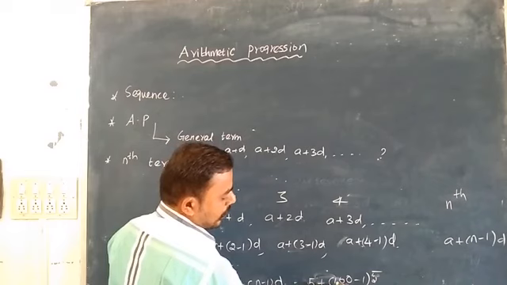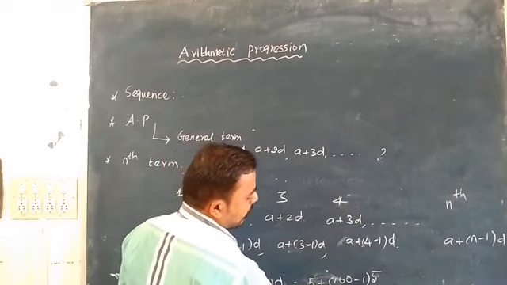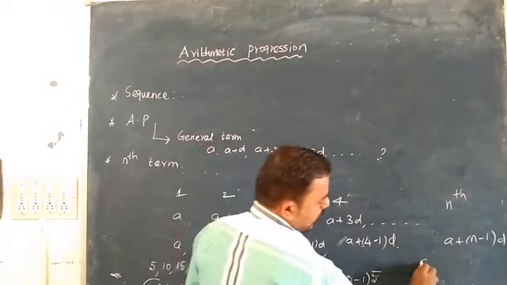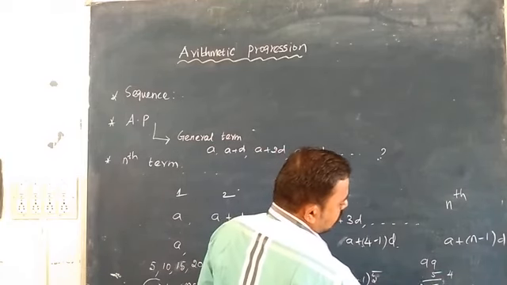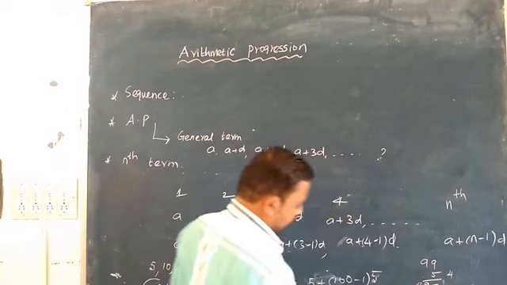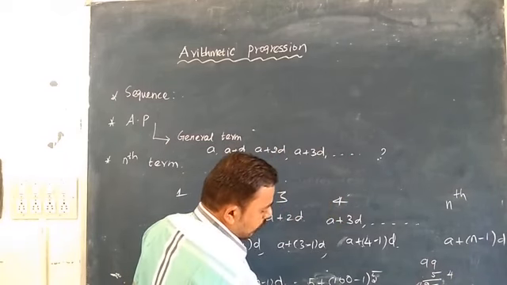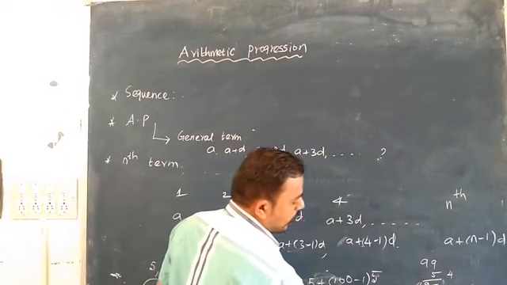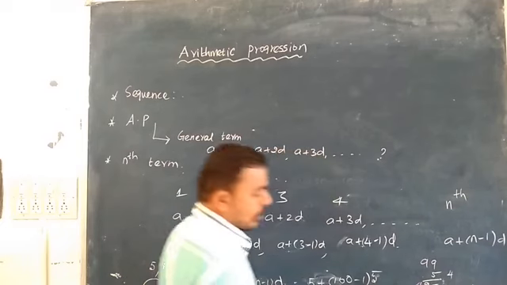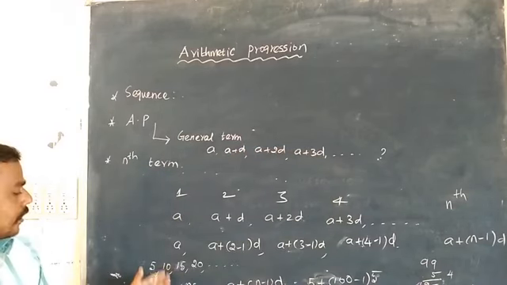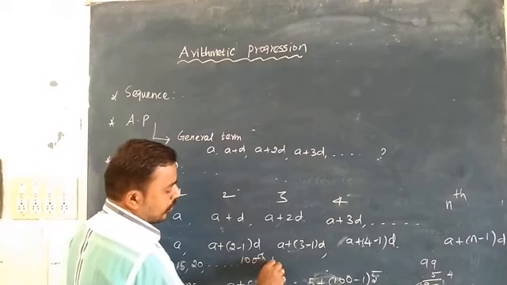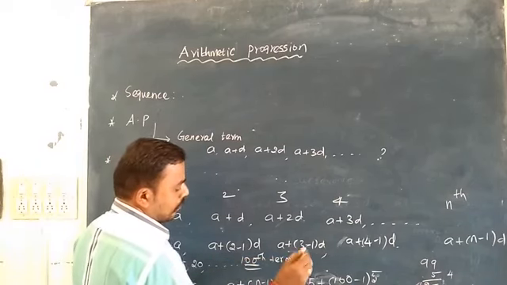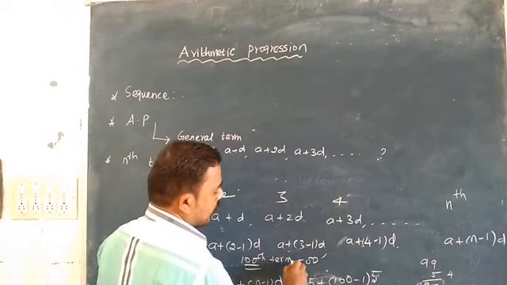So 5 plus 99 into 5. 99 into 5 is 495. 5 plus 495 equals 500. So in this AP, the 100th term is 500.